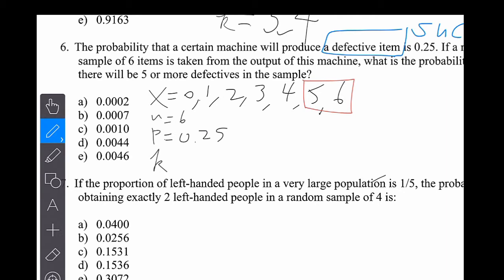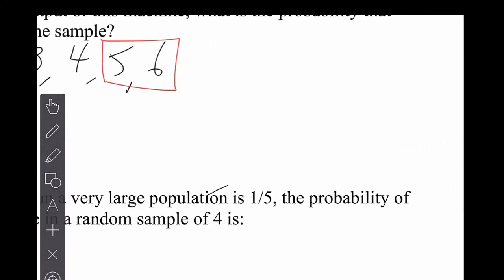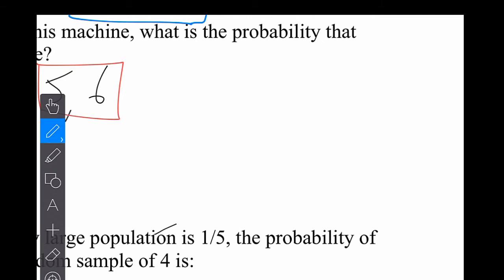So that will be my K. So I need to find the probability when K equals 5 and add it to the probability that K equals 6. Let's do that over here. X equals 5.